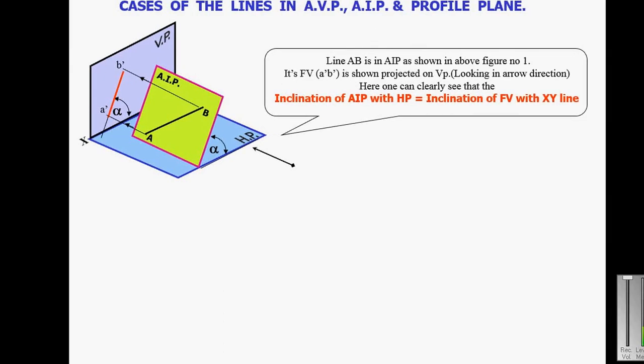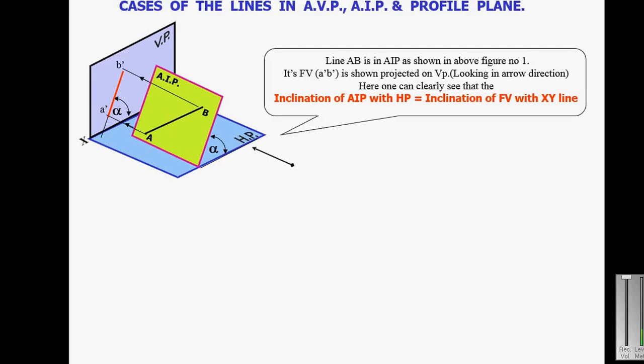If a line AB is in the auxiliary inclined plane, its front view A dash B dash is shown projected on VP, and here you can see that the inclination of the auxiliary inclined plane with HP is equal to the inclination of the front view with the reference line.